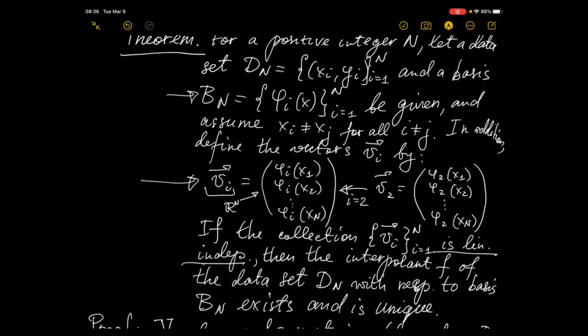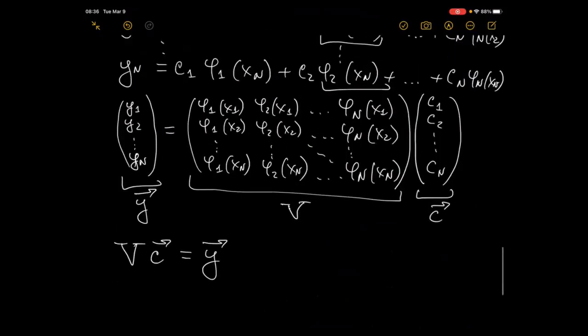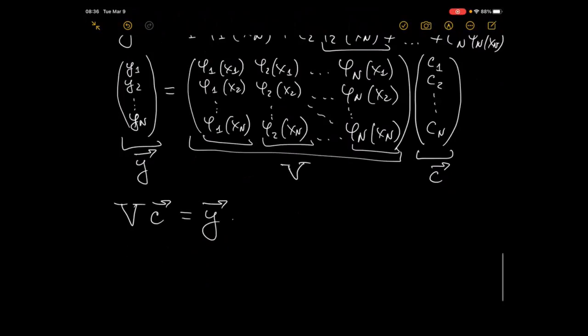So if the collection of these vectors is linearly independent, then these column vectors are linearly independent, right? And if you remember linear algebra, if we have linearly independent columns of a matrix, then this matrix is non-singular.